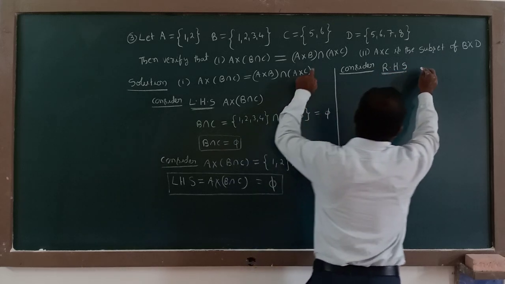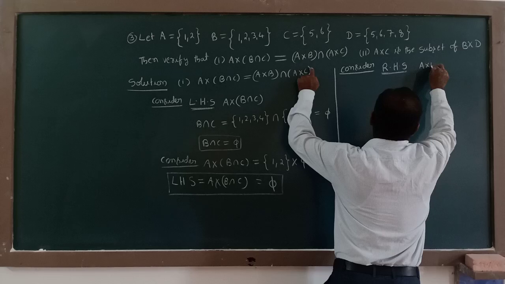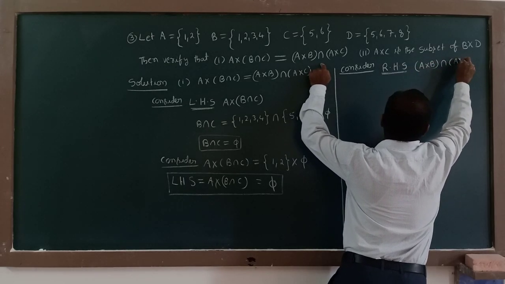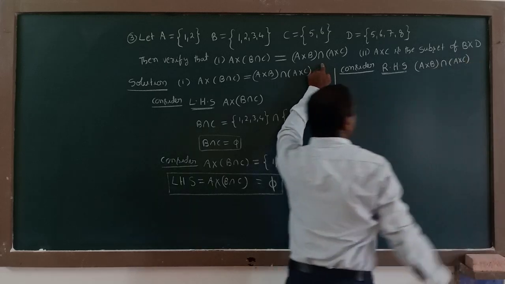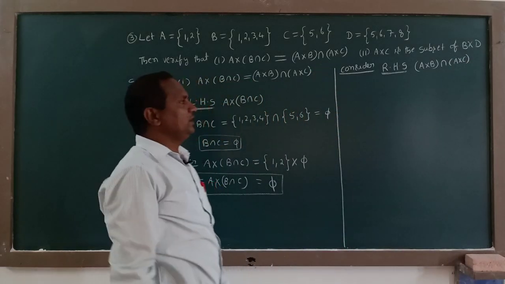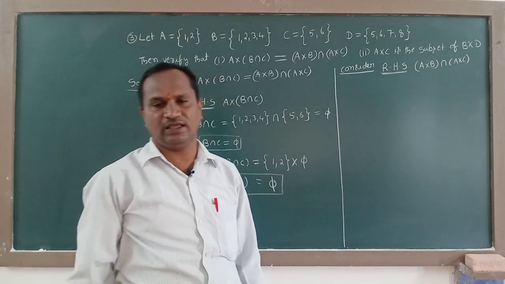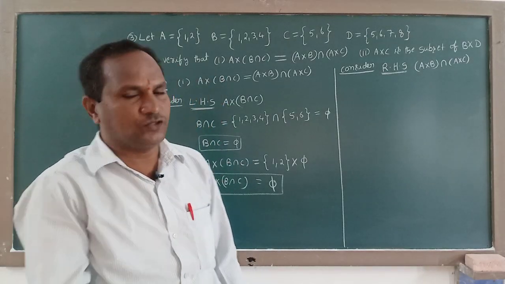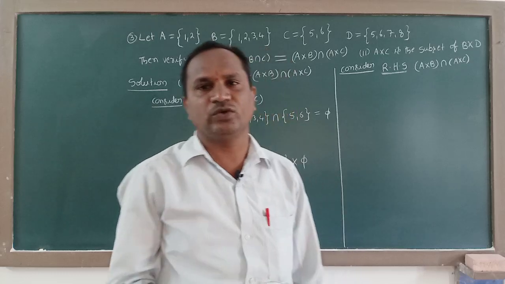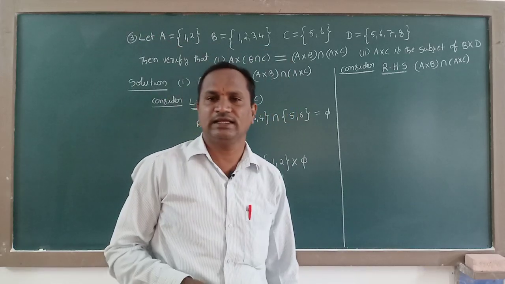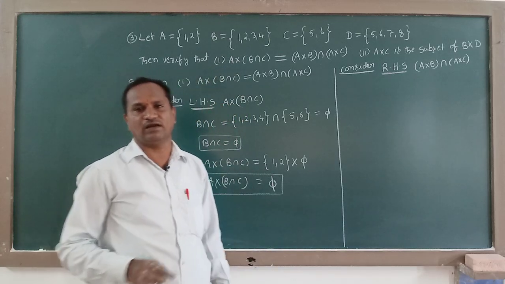First list the elements for the set A cross B and next list the elements for A cross C. Wherever you get any common elements between those two, just list them out. Afterwards verify whether LHS and RHS are equal or not.